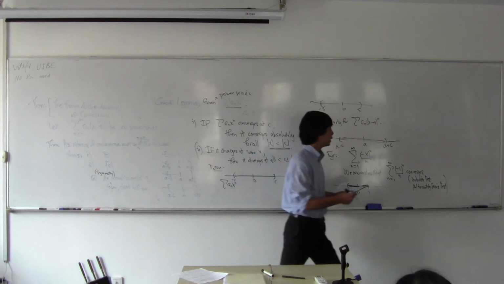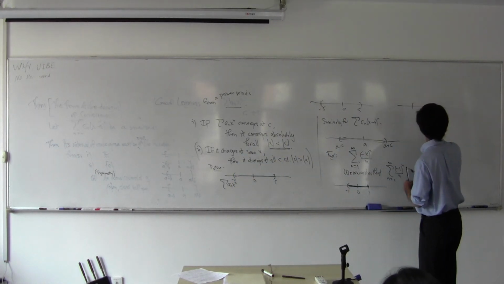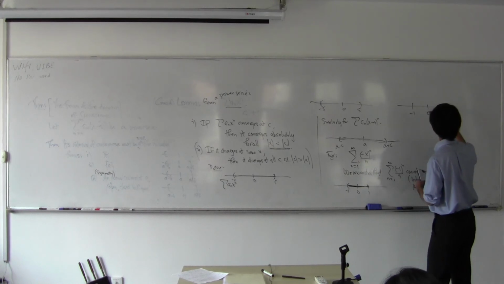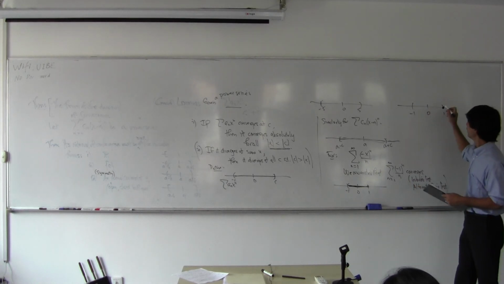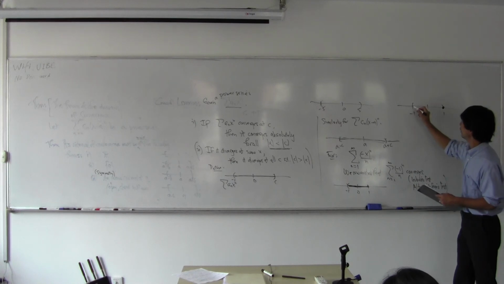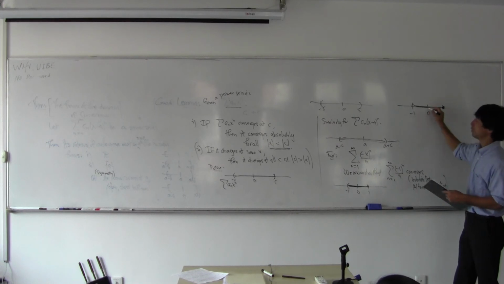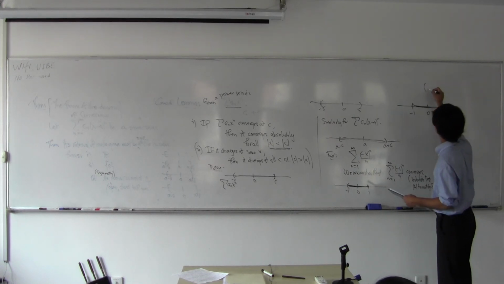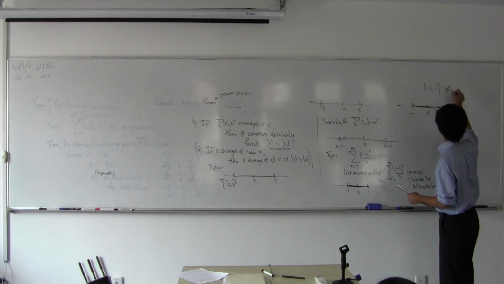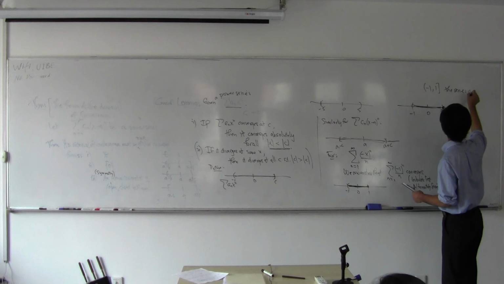So this is 0, this is negative 1, 1. We know that it has convergence here, and so that gives us convergence from negative 1 to 1.